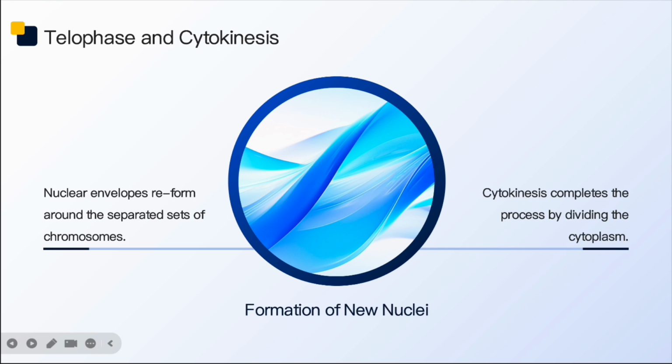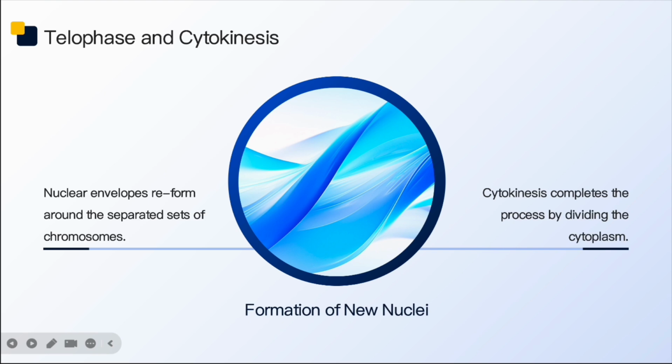Finally is the telophase and cytokinesis. In the telophase, the chromatids that have reached the 2 poles of the cell gradually decondense, and a new nuclear membrane forms.